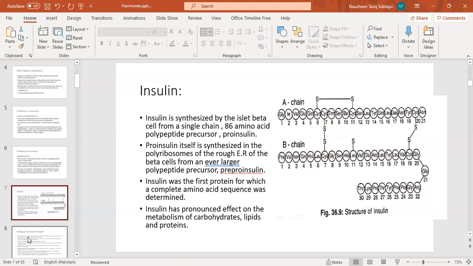Once it was determined that it is involved in diabetes and diabetic patients, a lot of work was being done on it. Among the large peptide hormones that were sequenced, insulin was the first one. Insulin has a pronounced effect on the metabolism of carbohydrates, lipids, and proteins.